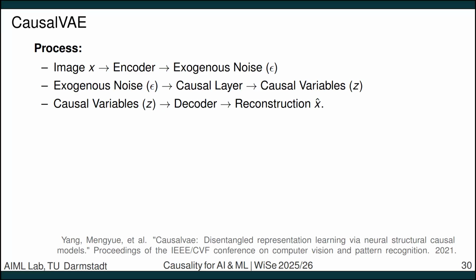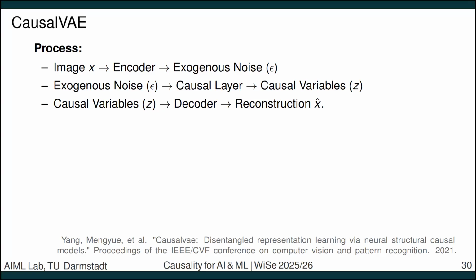Then we take those exogenous noise and we apply a causal layer. And basically what this means is that here, instead of the encoder outputting the exogenous noise and the decoder again taking this exogenous noise, we apply within this latent layer or this latent vector our SEM.